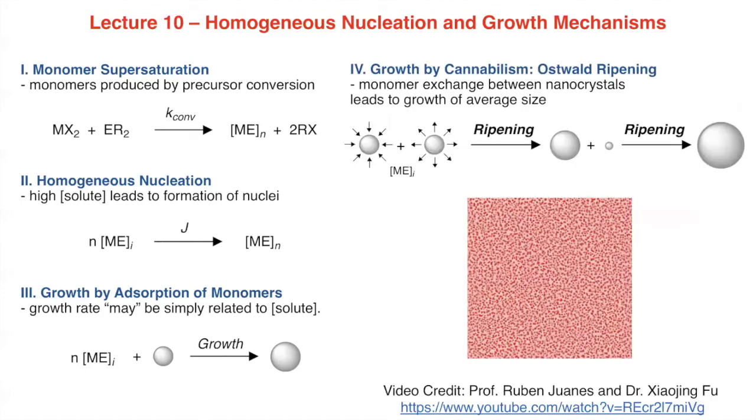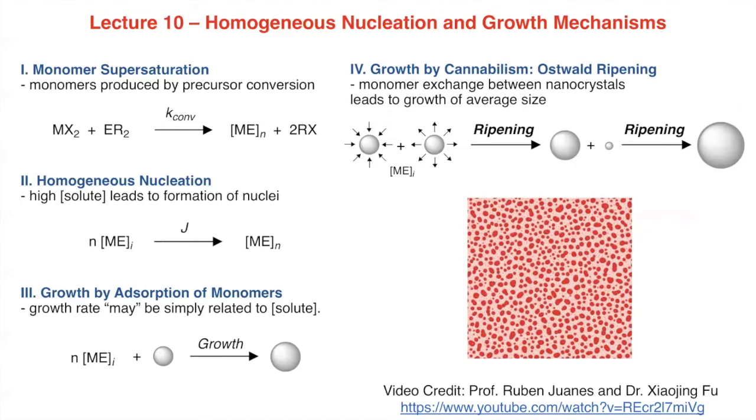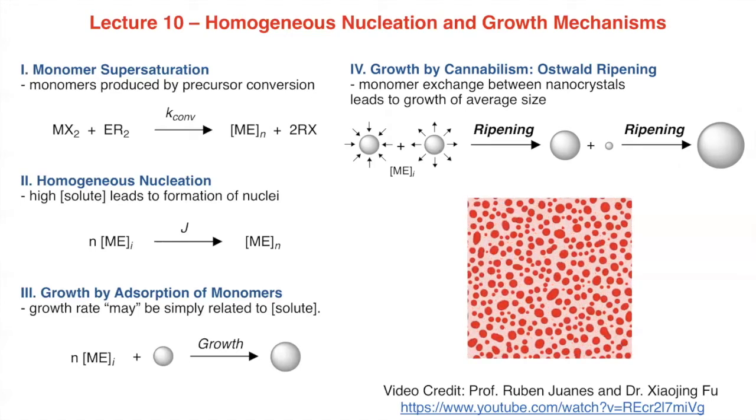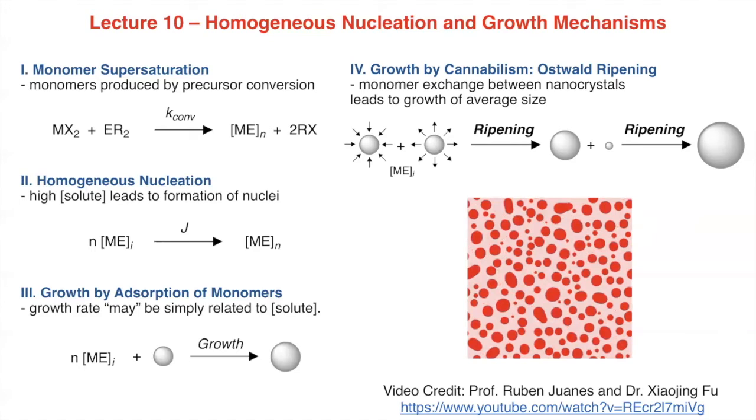Now, there's another type of mechanism that takes place in these sorts of reactions called Ostwald ripening. Ostwald ripening is a mechanism that I like to call growth by cannibalism. And in the case of a homogeneous mechanism, Ostwald ripening occurs by exchanging monomeric units via the solution. Okay, and this video that I've got playing down here in the lower right shows that.